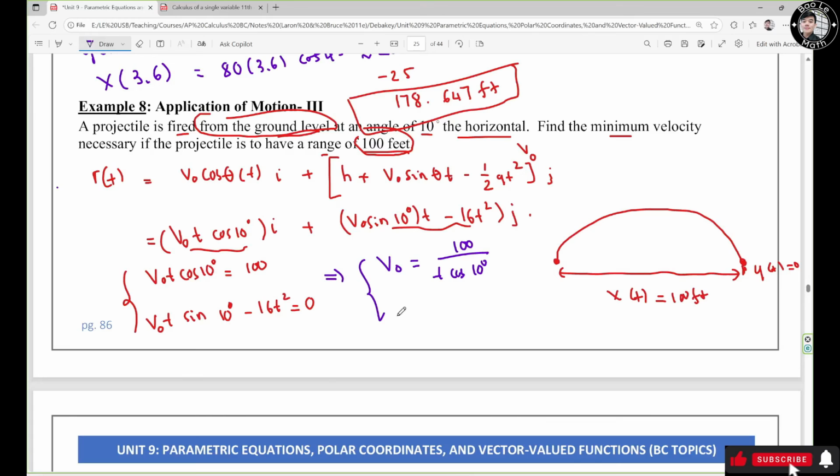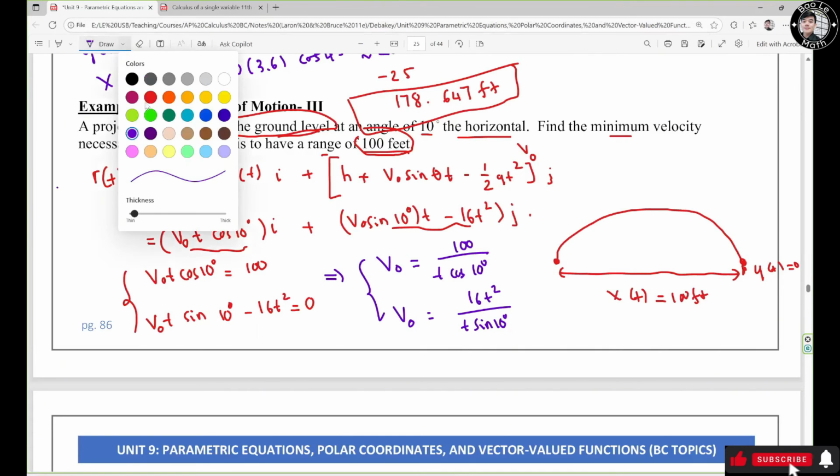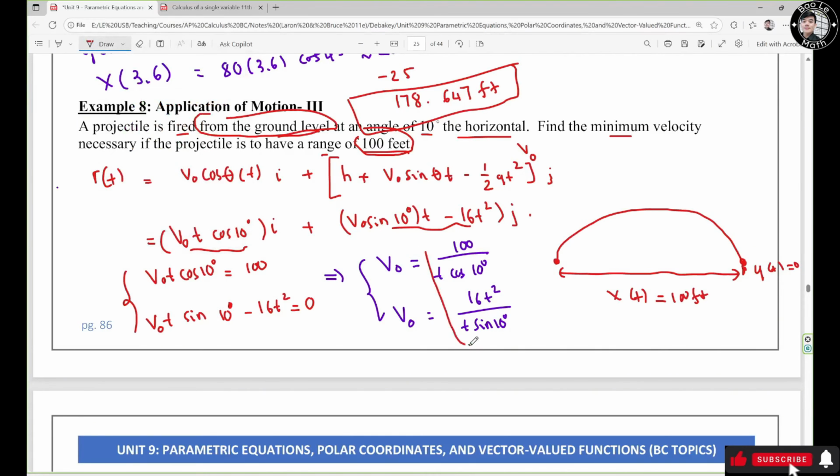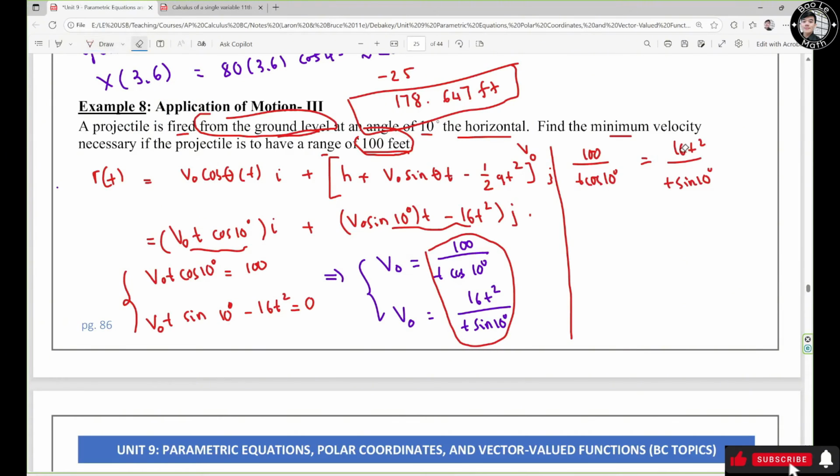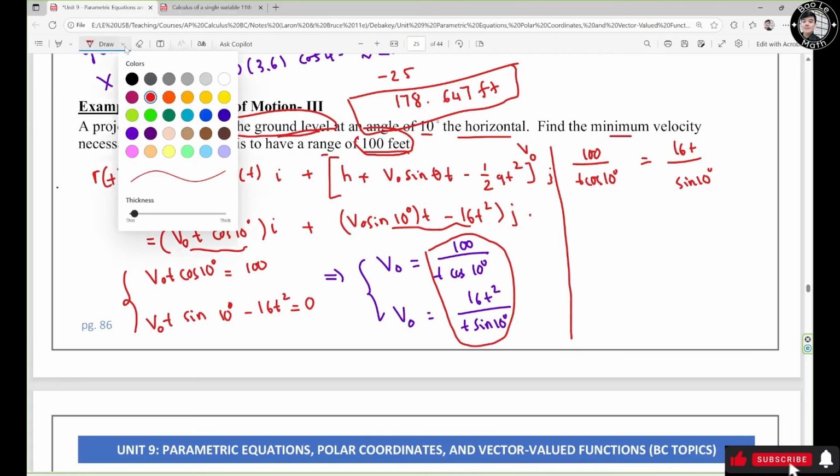Second equation, I need to solve for v0. It's gonna be 16 t squared over t sine 10 degree, right? So I just equate these two guys right here, right? Because they both equal v0, right? Now this guy right here, t squared divided by t, I only have t on the top. This guy gone, right?